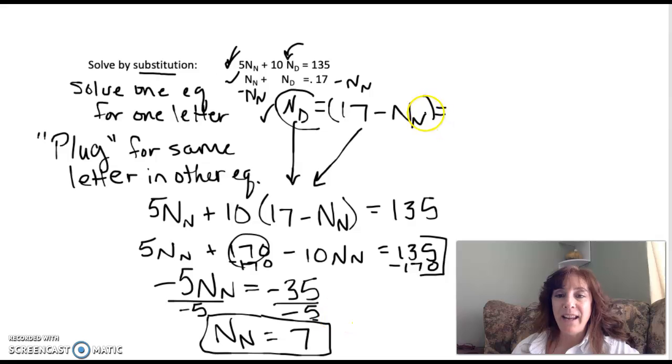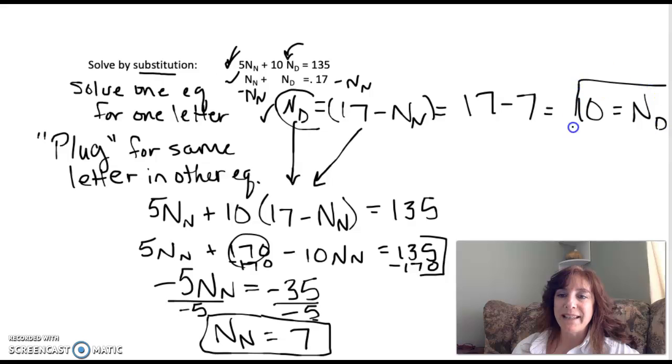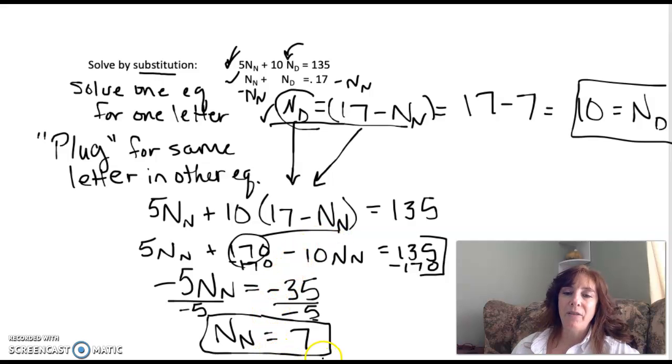I know what n of n is. So n of d is 17 minus n of n, which is 7. So n of d equals 10. That is substitution. I solve for one letter, just right here, and then I plug it into the other equation and solve. Then I can use that number to find the other variable.